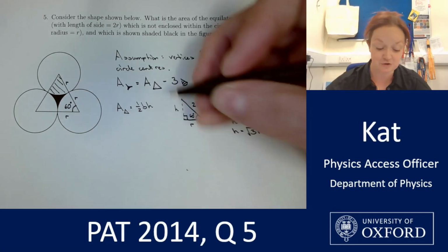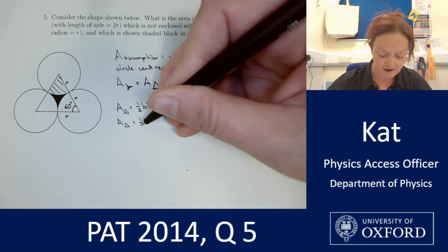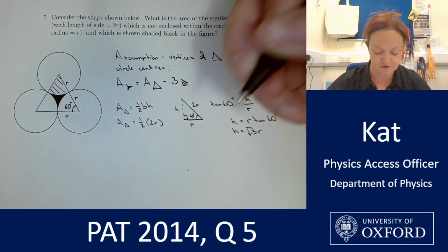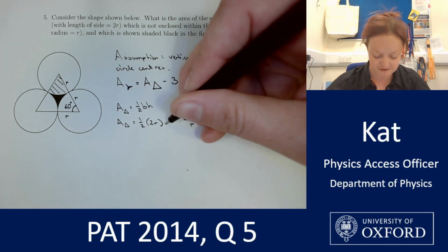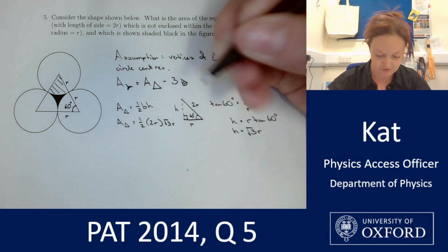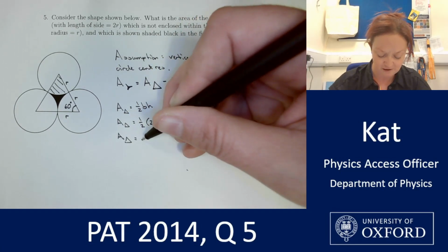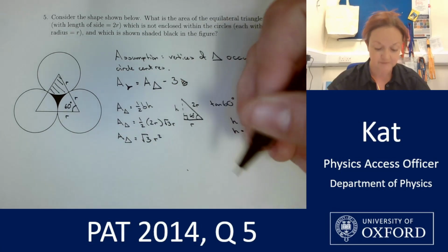Popping back over to my formula for the area of the triangle, I have 1/2 of the base, which is 2r, multiplied by my perpendicular height, √3r, giving the overall area for my triangle as √3r squared.